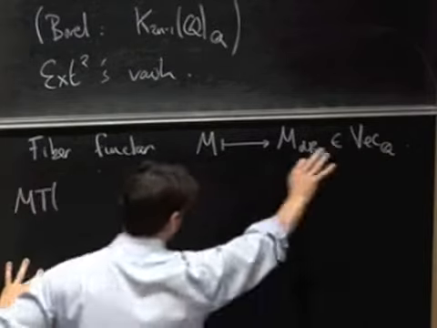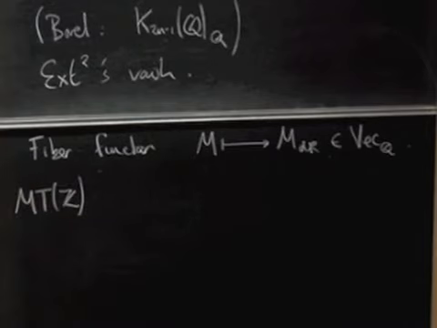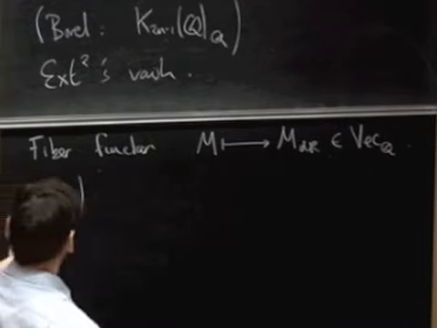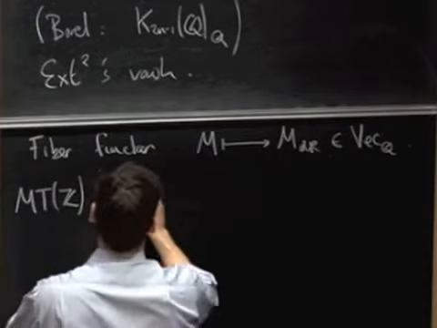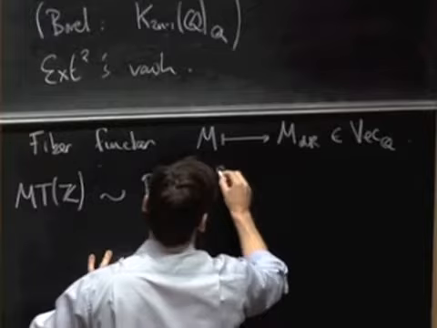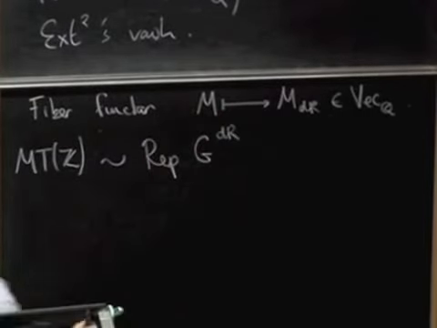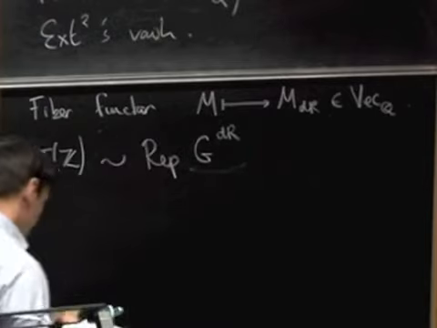But here we forget the grading for the fiber functor. Using the Tannakian formalism, the category of mixed Tate motives can be thought of just as the representations of a certain group, the Tannaka group associated to this fiber functor, which is G_dR.